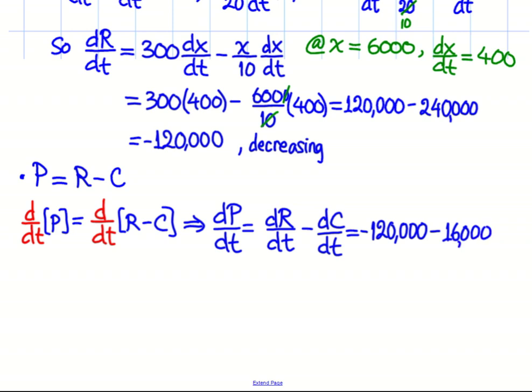So that gives us negative 136,000, and that is decreasing. Right. So that's what we have for this problem.